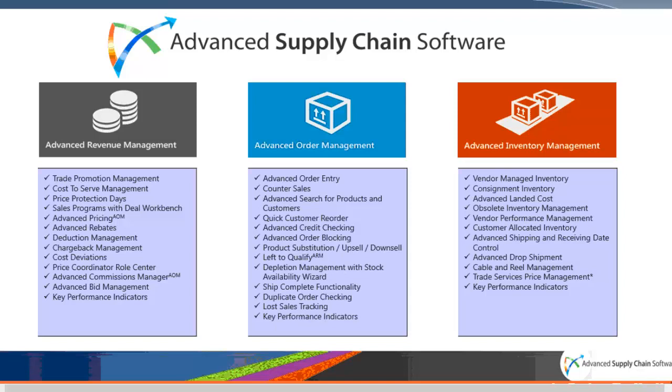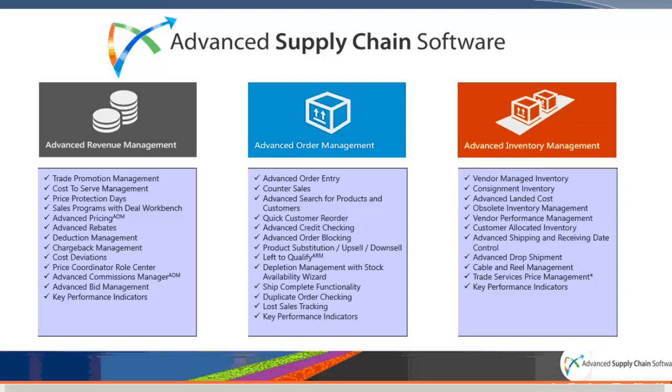Other areas that we've added into Dynamics AX are around order entry. Order management is one of the main areas that most customers modify, so we're trying to streamline that by creating advanced order entry, quick lookups, related products, upsell and downsell, and a lot of different fact boxes coming up at the time of order entry.